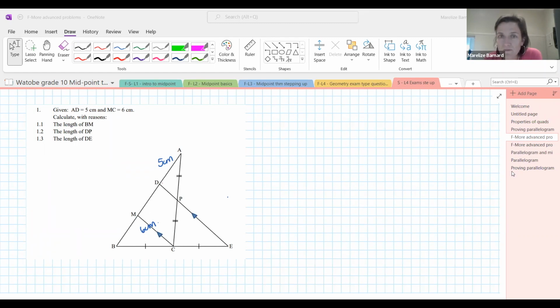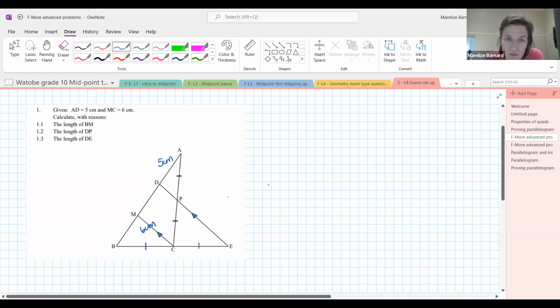DE is 12. That's great. And just remember, if this is a midpoint, BC is equal to CE. That's what this means here. So C is a midpoint, and MC is parallel to DE.